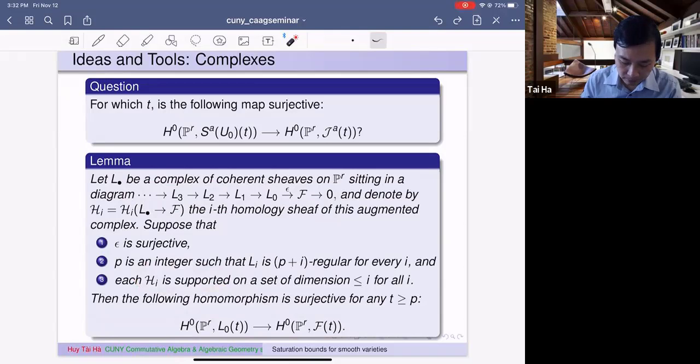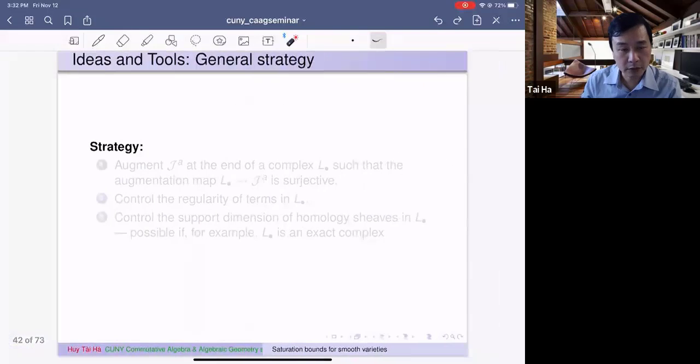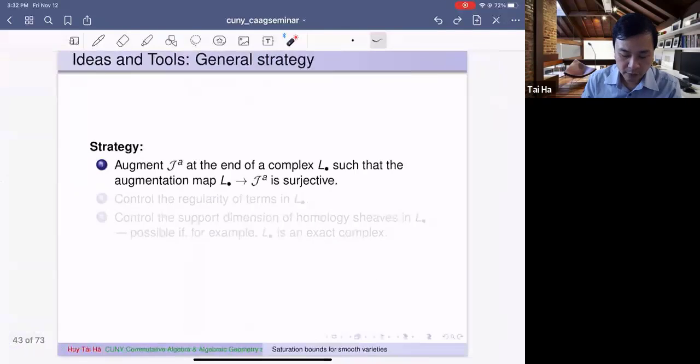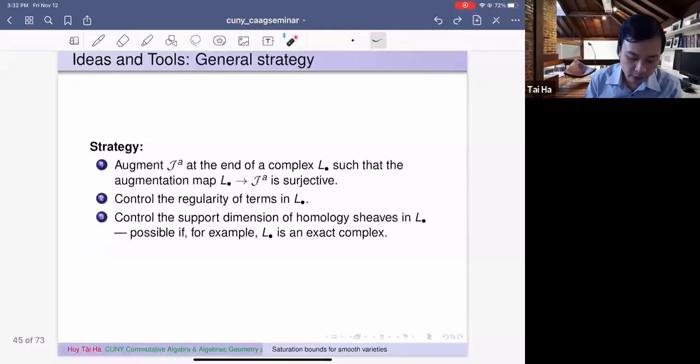So the strategy that we use here is, first, we're going to fit this a-th power of script J into some complex L, where we can control the regularity of L and the supporting dimension of the homology of L. Particularly, if L is an exact complex, then all homology is gone, so this condition is satisfied automatically.